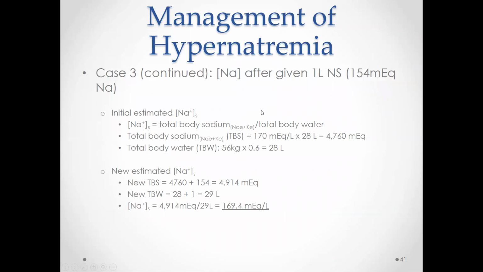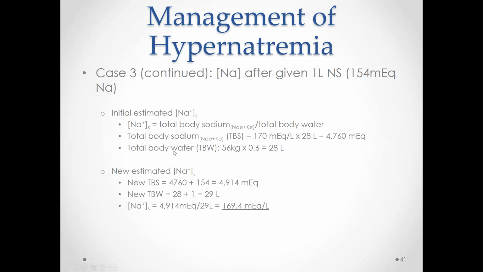Okay, so looking at case 3 earlier, what happened after we gave 1 liter of normal saline, which has 154 milliequivalents of sodium? This is one way to do it, using equation 1, the Edelman equation: total body sodium over total body water. We switch that around. Since the serum sodium level was 170, we multiply that by the total body water, and then we get the total amount of salts.